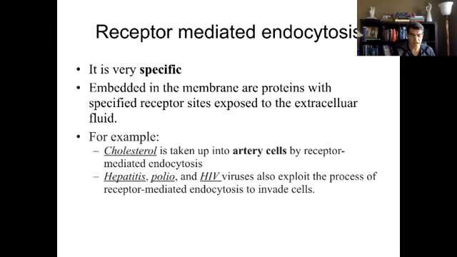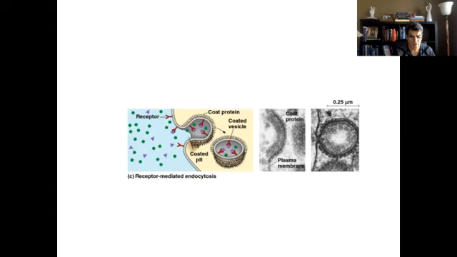Examples I gave you: bringing cholesterol inside the cell, or hepatitis C that affects your liver cells, or polio that affects your neurons, HIV that affects your white blood cells. Why are they very specific? Because those specific cells have receptors for these viruses. And this is an example of receptor-mediated endocytosis.